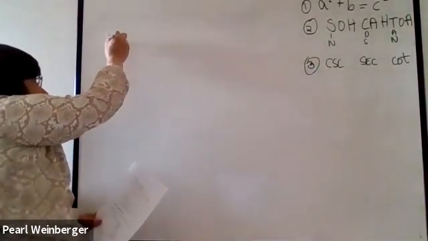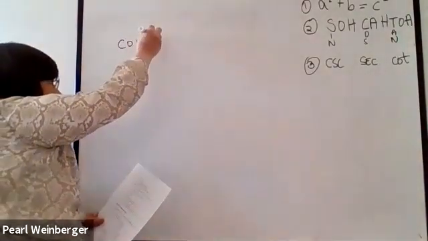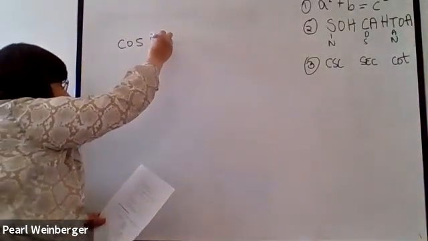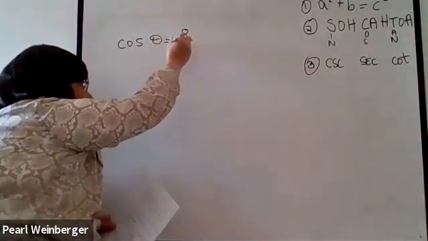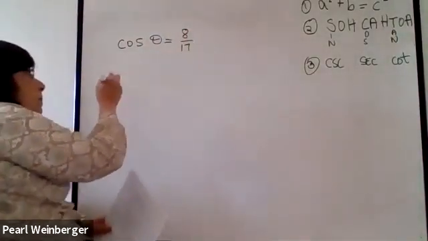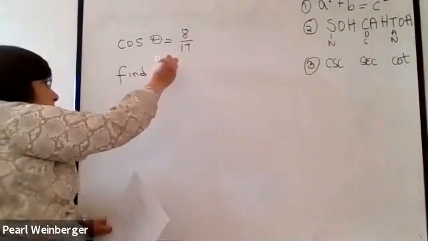Suppose I tell you I have a triangle, an angle, and the cosine of that angle is 8 over 17. And I want you to find the sine of theta.